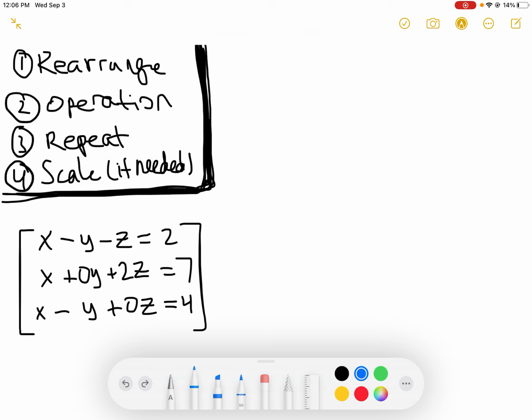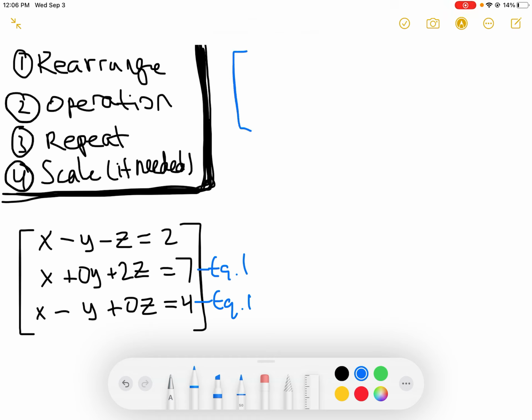Like I said, you start with the leftmost variable, it happens to be x, and you could use this one and subtract from these 2, but it doesn't really matter which one you do. But I'm just going to do this one, equation 1, and subtract it from each of these. I'm just going to write EQ1 so that I don't have to write the whole thing entirely.